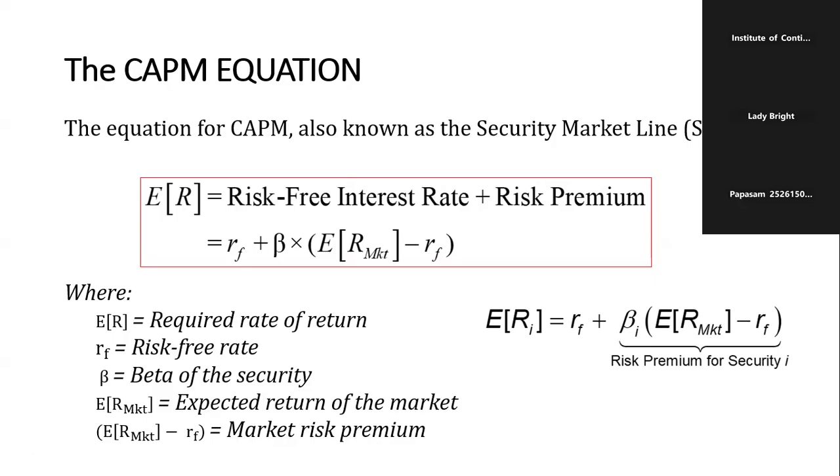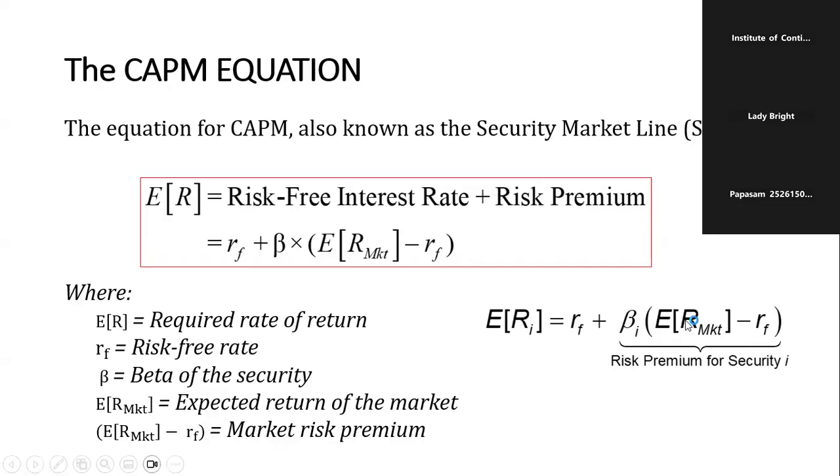It is like the market is giving me a certain value for bearing risks. When you subtract the risk-free rate, whatever is left is what the market is paying me for bearing risk.